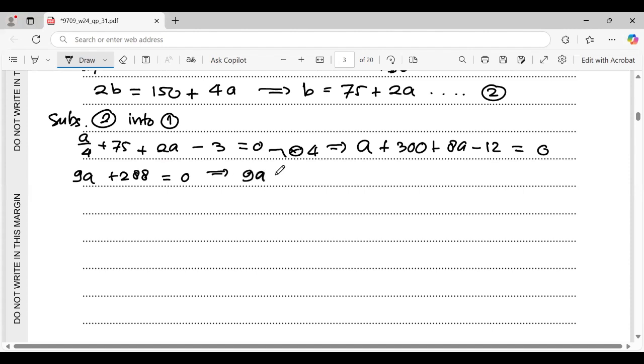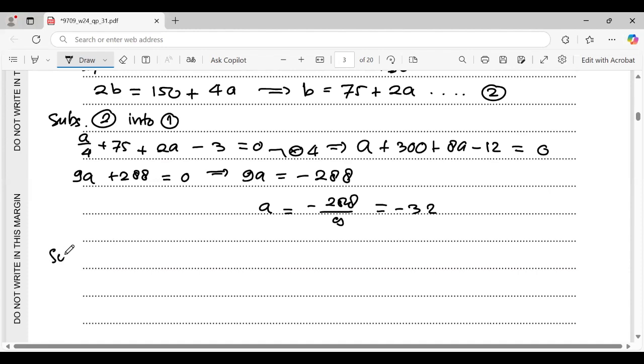So 9a equals minus 288. So a equals minus 288 over 9, and it is minus 32.